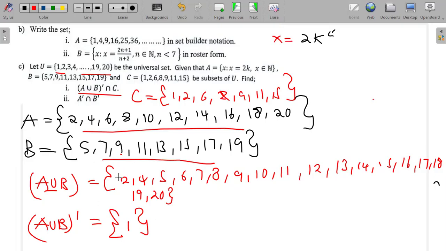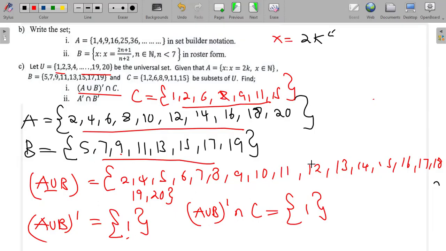Now to do the complement, which only has the member 1, I intersect this with C, which has 1, 2, 3. What will be common between this set and that set? Okay, I've missed 3, sorry for that. 3 is not in A union B either.